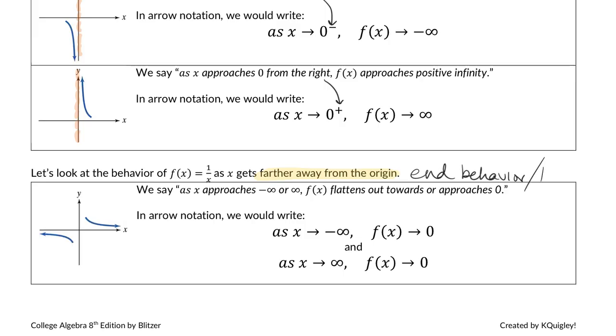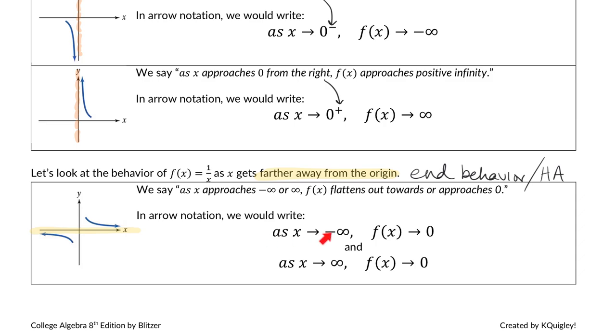We are talking about, usually, the horizontal asymptote. So these graphs will have vertical and horizontal asymptotes.